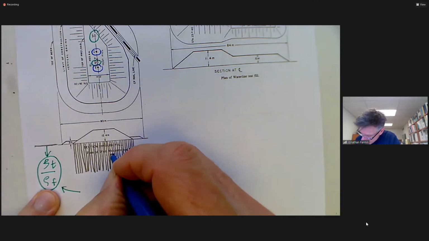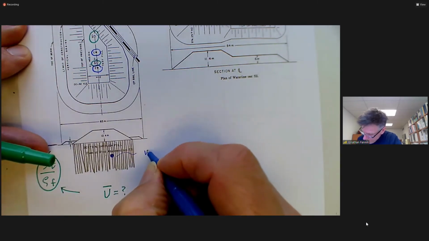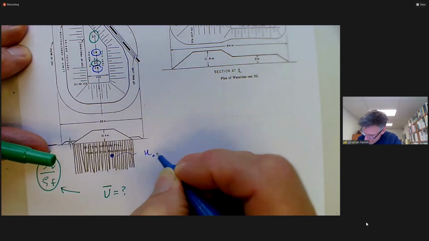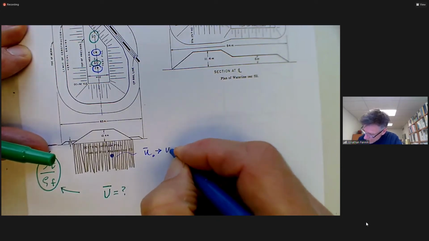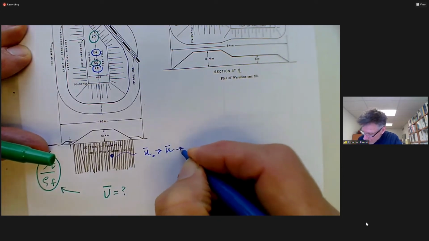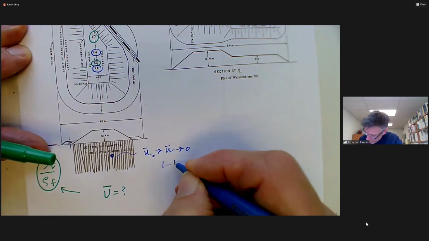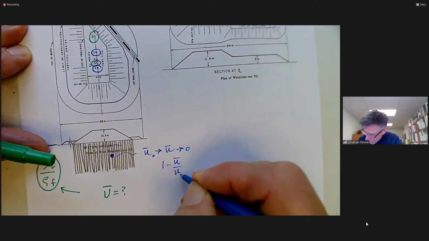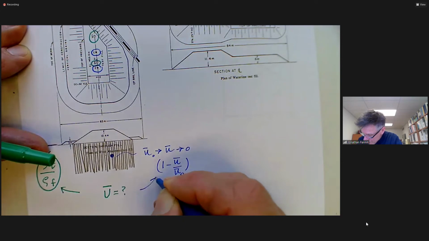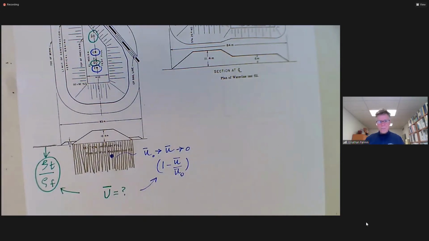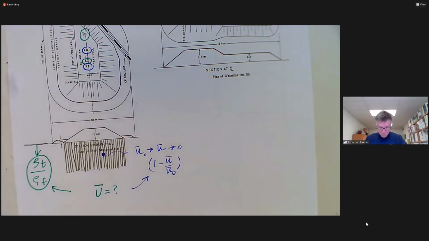So let's look at the initial average excess pore water pressure, how that's going to dissipate with time and ultimately dissipate to 0. And we could look at 1 minus that ratio and get the degree of consolidation from the dissipation of the excess pore pressures.